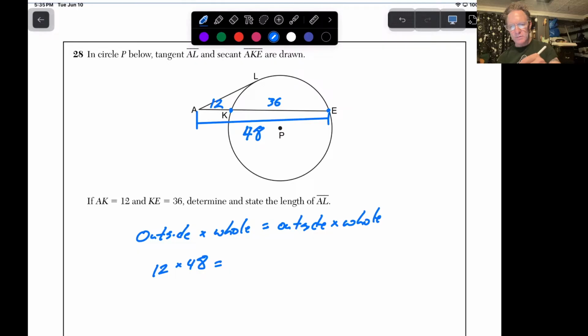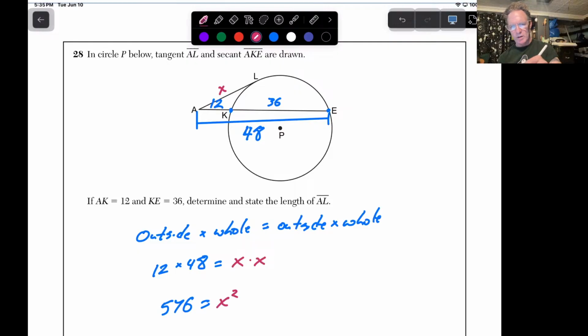In this case, call that x because that's what we're looking for. The outside is x and the whole is x, because the whole thing's on the outside. So what is that? 12 times 48 is 576. No, I did not know that by heart. I actually had it written down. Equals x times x, which is x squared.